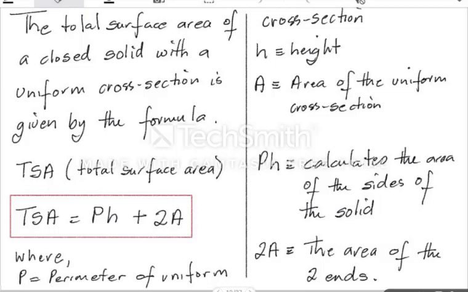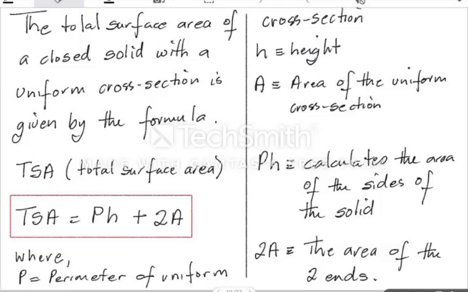All right, let's give you some more formulae and interpretation of it. The total surface area of a closed solid with a uniform cross section is given by the formula TSA is equal to PH plus 2A. Now, P in this formula stands for the perimeter of the uniform cross section, H stands for the height of the solid, and A stands for the area of the uniform cross section.